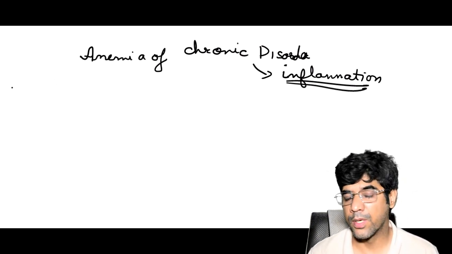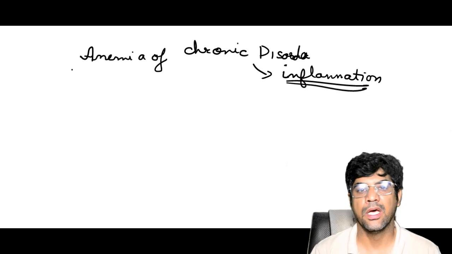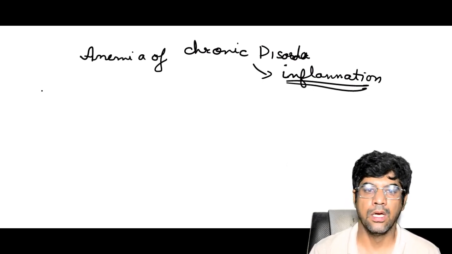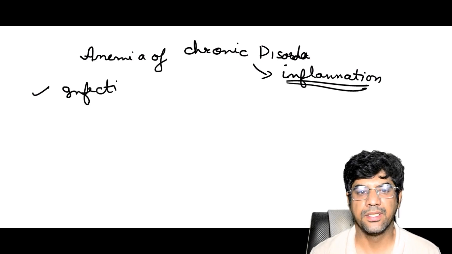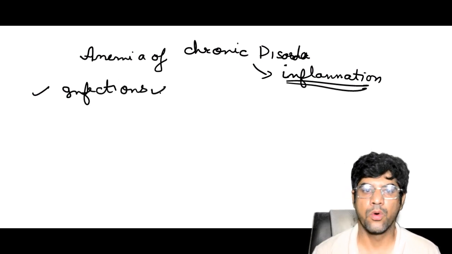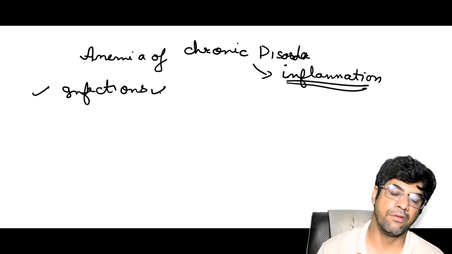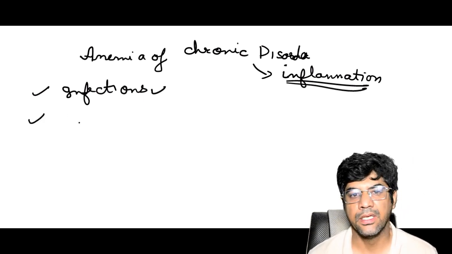Now, what are the common causes that are associated with anemia of chronic disorders? The first could be infections, the chronic infections, like in case of tuberculosis, HIV.